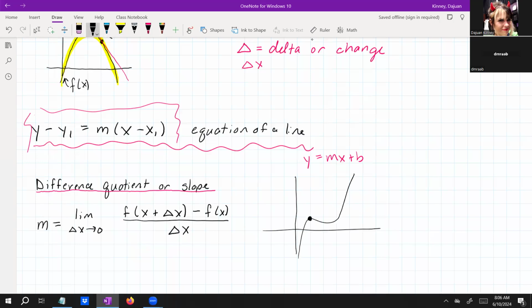This point is locked, so it does not move. I should use something that's not an x. L for lock. And then we're going to pick points that are really close to it and find them go closer and closer and closer. And eventually that'll give us the slope there.